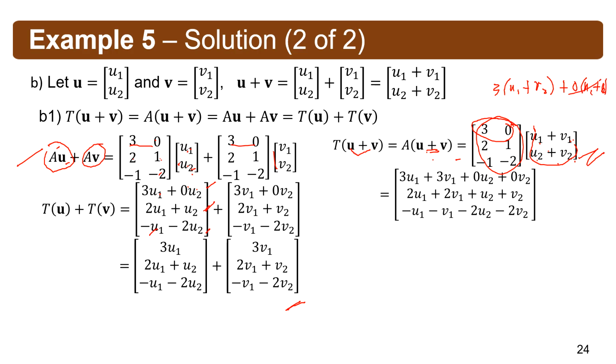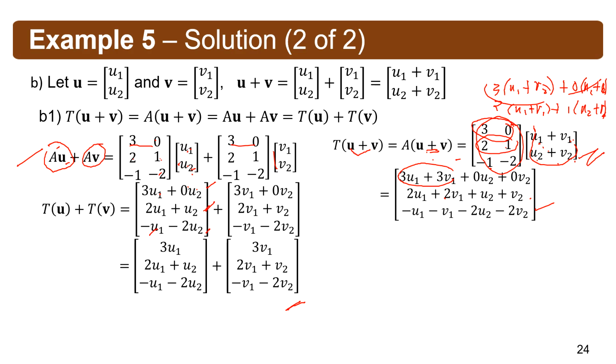So this is 0, so the result is this. Then the next one, 2 times u1 plus v1 plus 1 times u2 plus v2. So you see the result is here. You multiply, and doing the same process with this, we have this one.